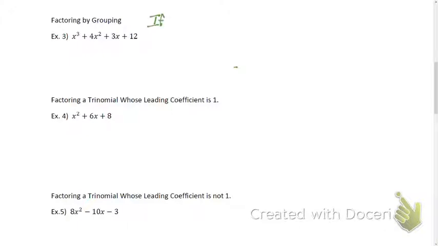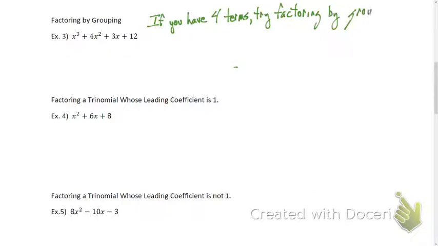If you have 4 terms, try factoring by grouping. And I'm being very blunt and saying try.